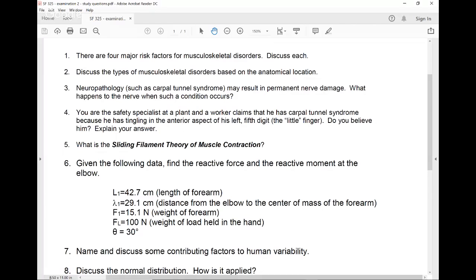What about tenosynovitis? So again, we have inflammation. What does this remind you of? Teno.